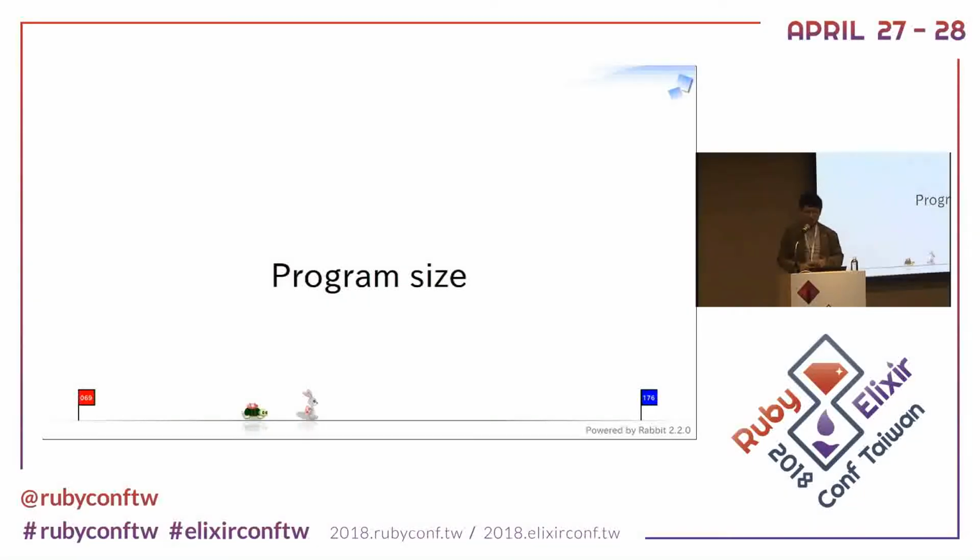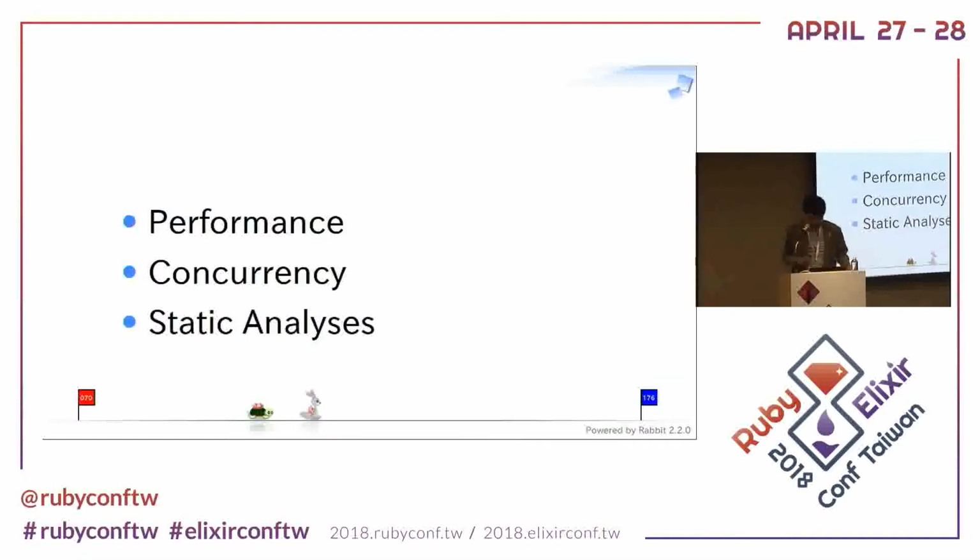But at the same time, we might lose the flexibility of, say, duck typing, or maybe we have to write down the type annotations, the variable declarations, which Ruby doesn't have, and we like that aspect of the language in most cases. So performance, concurrency and static analysis are the key to fighting the scalability required by the future.